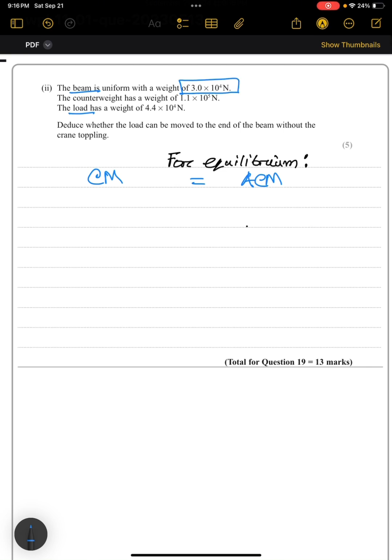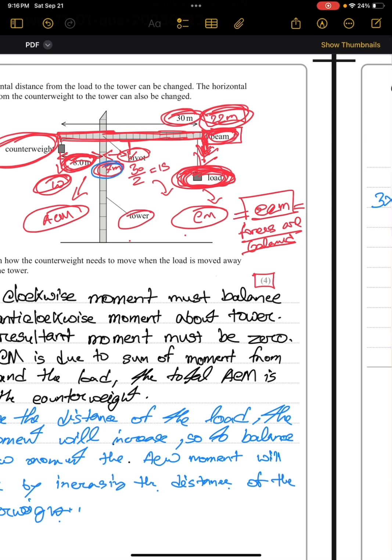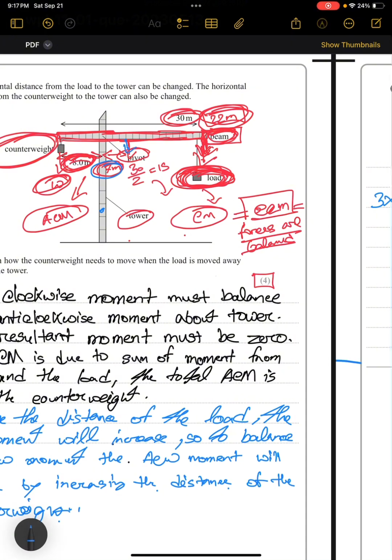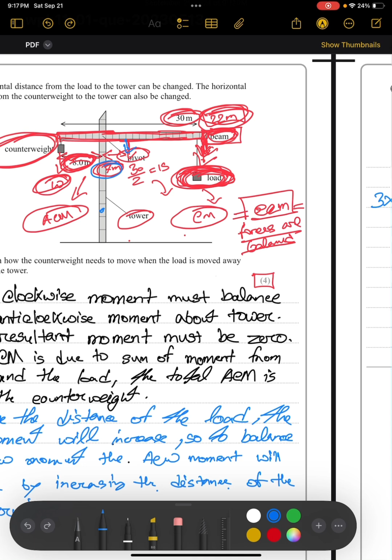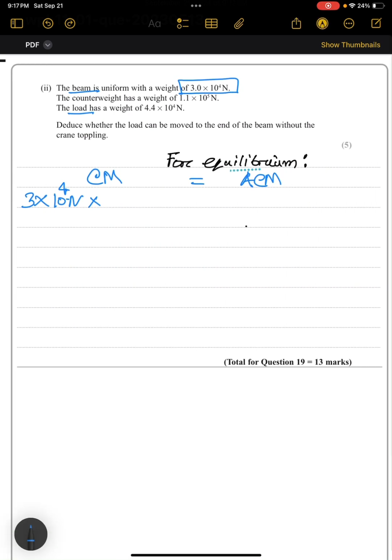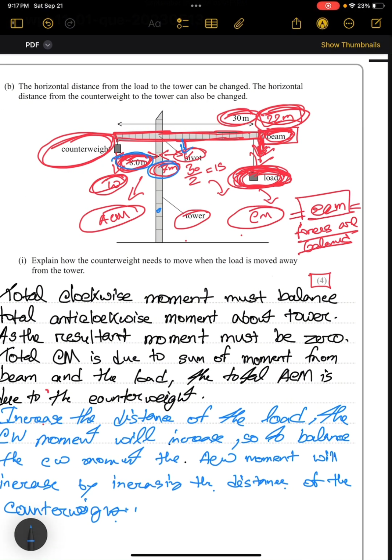So this weight into its distance, which will be 3 into 10 to the power 4 Newton into the distance, this 7 meter from the tower of this beam, plus this load, which is 4.4 into 10 to the power 4 Newton into x, we don't know the distance, equals the weight of the counterweight, which is 1.1 into 10 to the power 5 Newton into the distance, which was 8 meter.